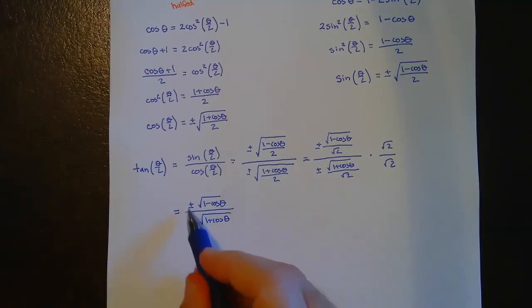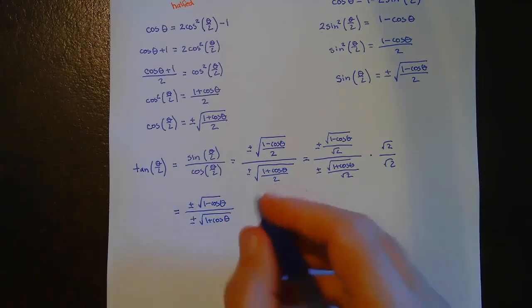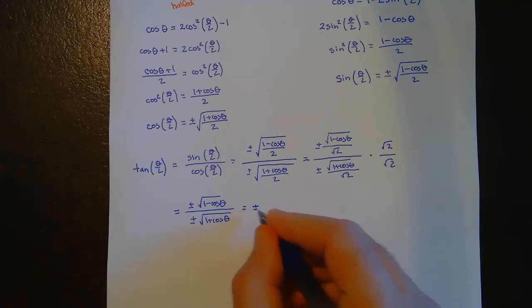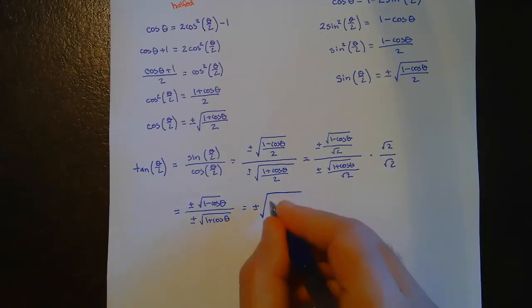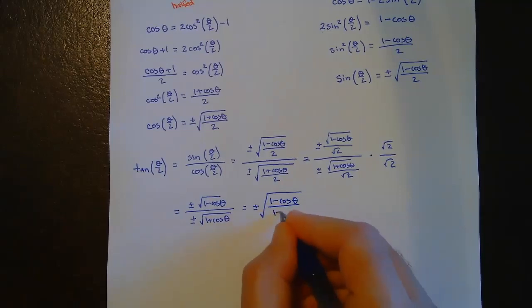And really, we don't need the plus or minus over the plus or minus because plus or minus over plus or minus is just simply plus or minus. So this is equal to plus or minus one big square root of 1 minus cosine theta over 1 plus cosine theta.